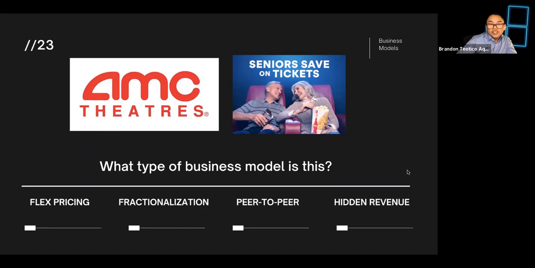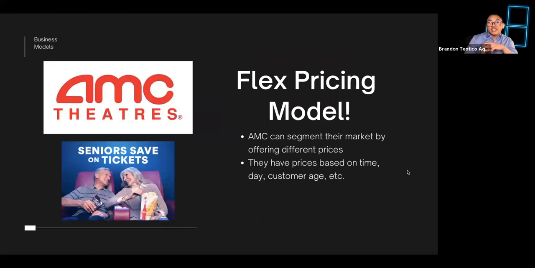Good. All right, so yeah, AMC is flex pricing. AMC can segment their market by offering different prices, and they have prices based on time, day, customer age, etc.